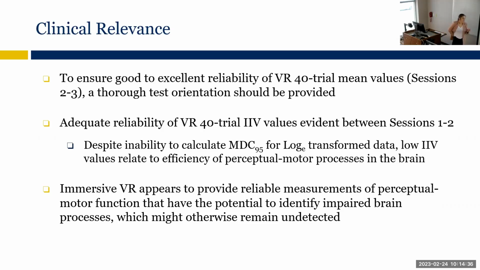However, in our whole process, we could conclude that virtual reality provides a good, reliable measure for perceptual motor function to assess and identify brain impairments that may otherwise go undetected. We don't want our athletes to have this deficiency and us not know about it, because a lot of lower extremity injuries come from when people do have concussions.